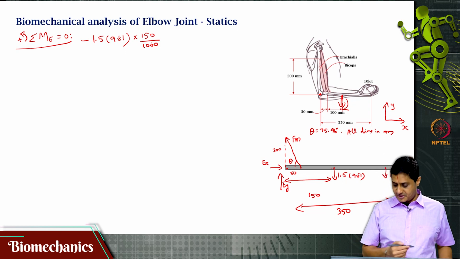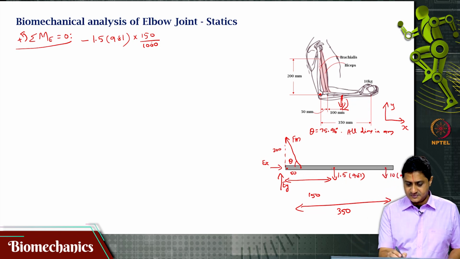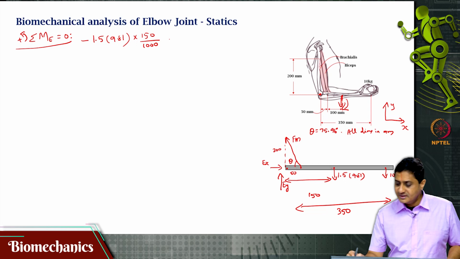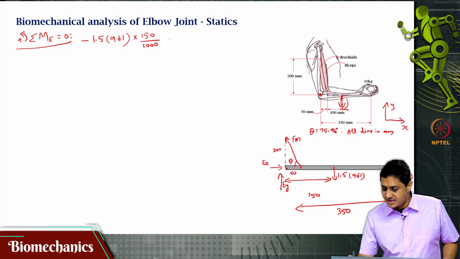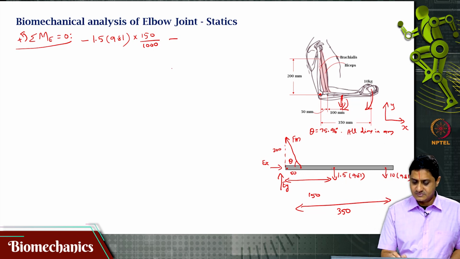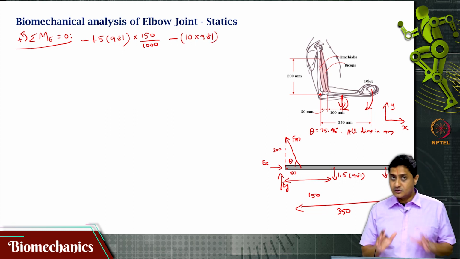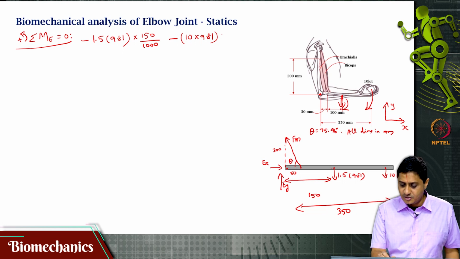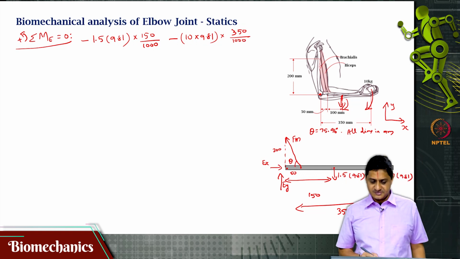This is the moment. Then the 10 kg load will cause a clockwise moment. So, again minus 10 into 9.81, this is the weight, times the total moment arm from the elbow joint, 350 mm, or rather 350 by 1000, or 0.35 meters.